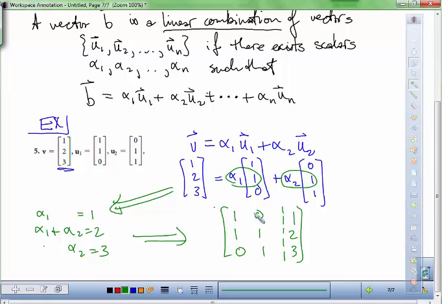So if we can find a solution for this, then that means V is a linear combination of U1 and U2. All right, let's do it.